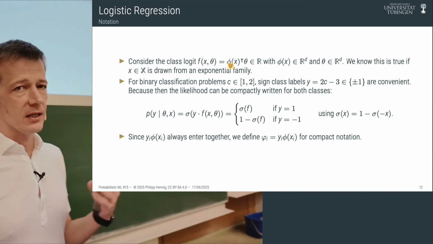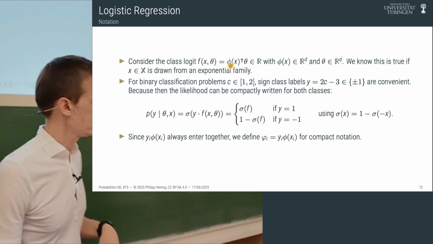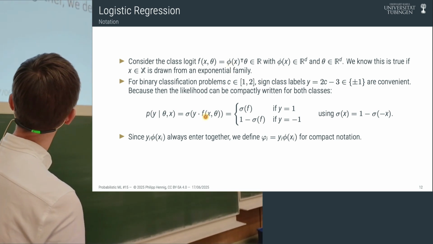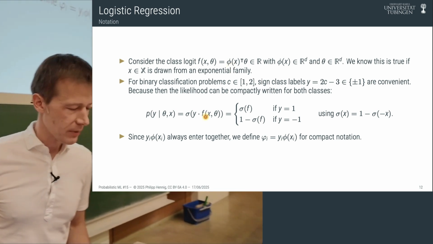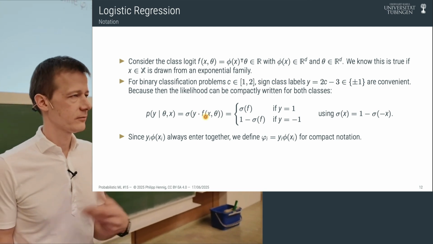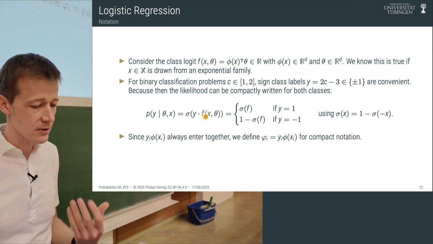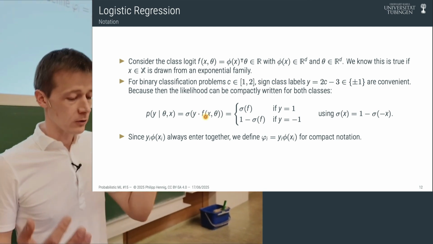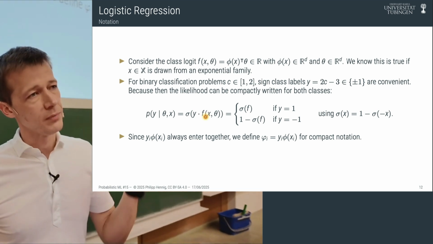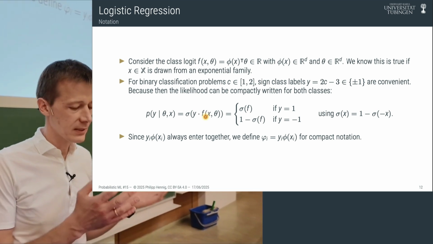So now there is an annoying notation problem that is commonly dealt with on a slide like this one. Let's say we have binary classification problems. So we have two possible labels. Those labels could be plus or minus 1, or they could be 0 or 1, or they could be 1 or 2 for class number 1, class number 2.